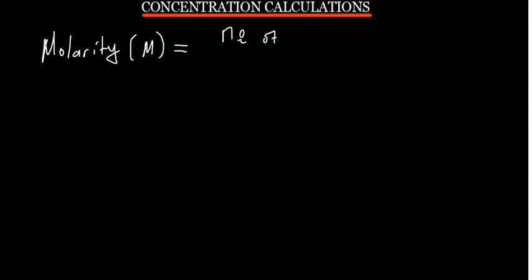The first type of concentration we are going to talk about is molarity. Take note of the spelling, molarity, and the symbol is capital M. So molarity is a type of concentration which is defined as, instead of just saying amount, we say number of moles of solute divided by the volume of solution.